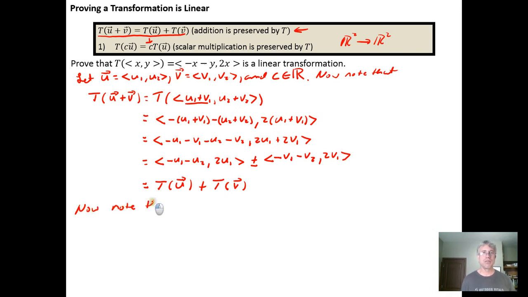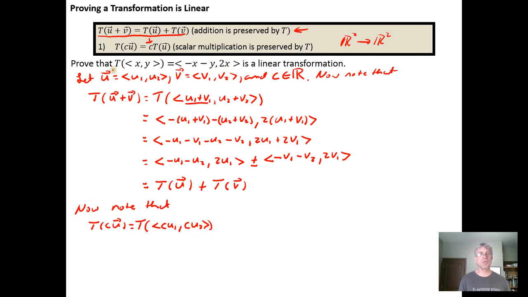Now let's apply the transformation to a scaled version of u. The transformation applied to c times u is the transformation applied to the vector, distributing c into the vector using our definition of scalar multiplication. So this is c times u sub 1, comma, c times u sub 2.